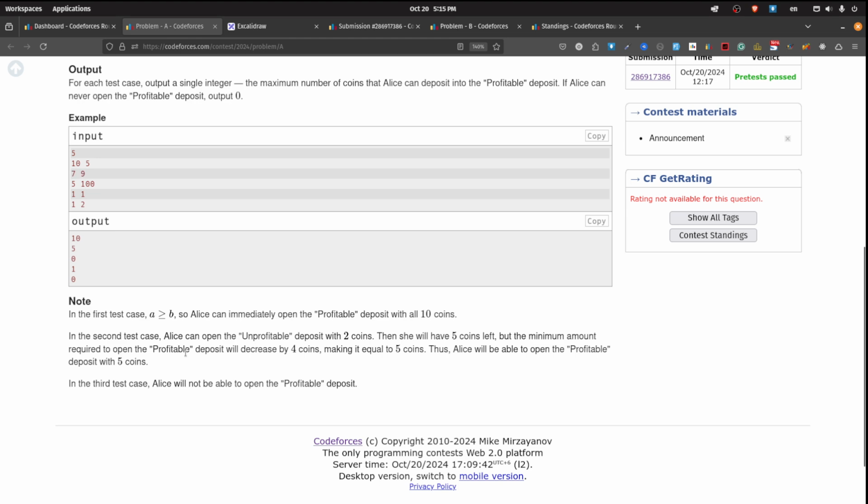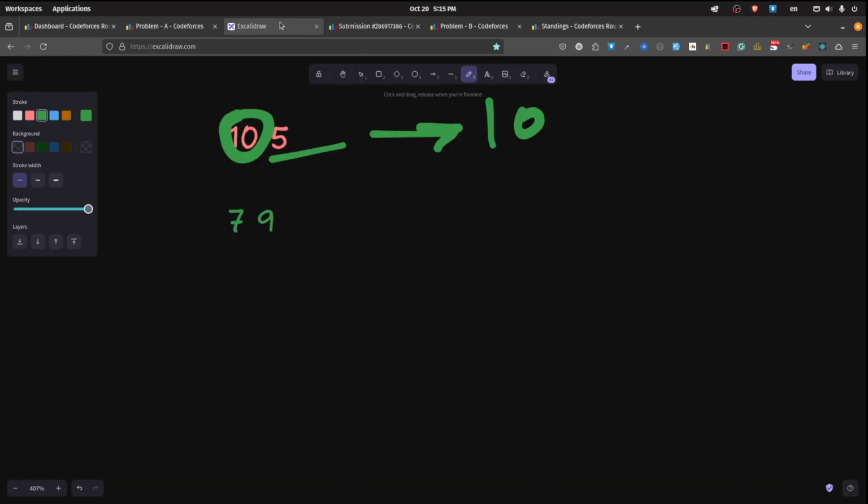So it basically says that Alice can open the unprofitable deposit with 2 coins. In this case you have 7 coins in total, and you need 9 coins to open the deposit. Your main target is opening the deposit, but here in the second test case you need 9 coins and you have only 7.